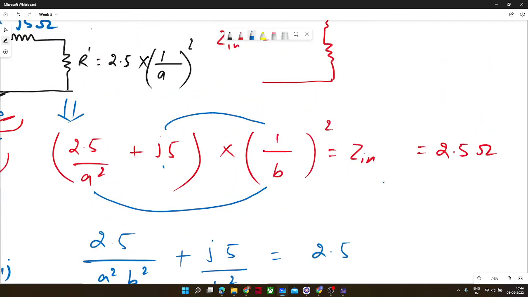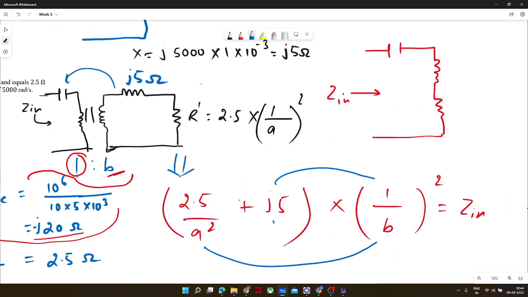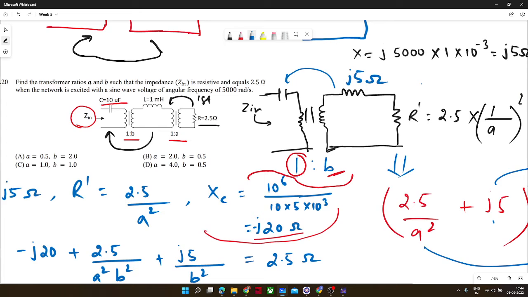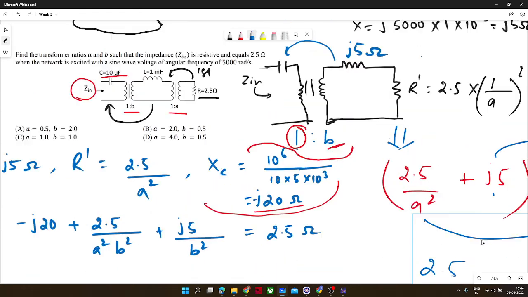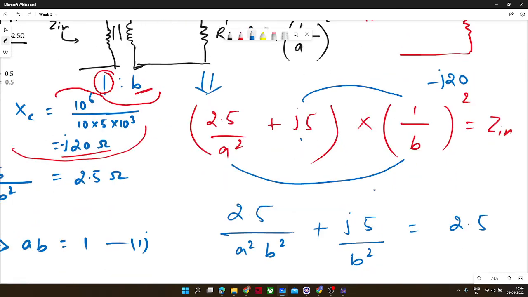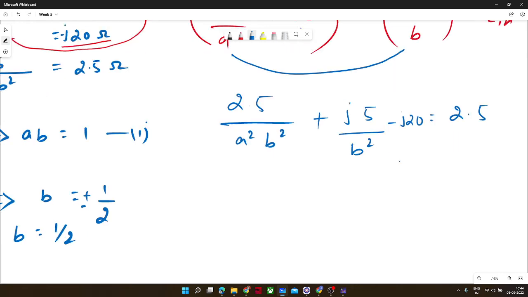I think some mistake I have done here. I have left the capacitive term, that was minus J20. So 2.5 minus J20 I have left here. So you need to also consider minus J20, so minus J20 is equal to 2.5.